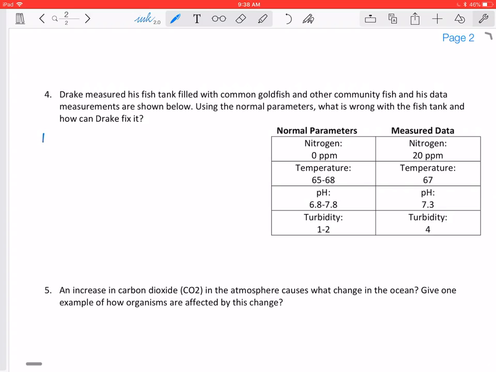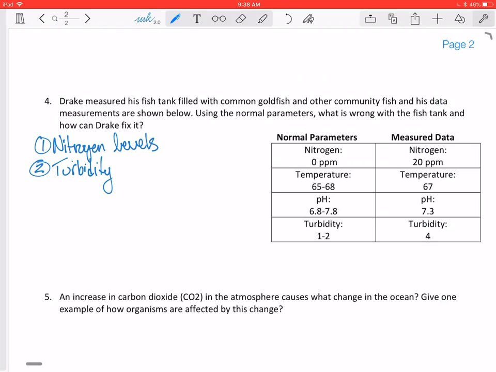The first are the nitrogen levels. And the second is turbidity. So if we look, our nitrogen is over here at 20 parts per million, and the turbidity is at 4, so it's very cloudy.